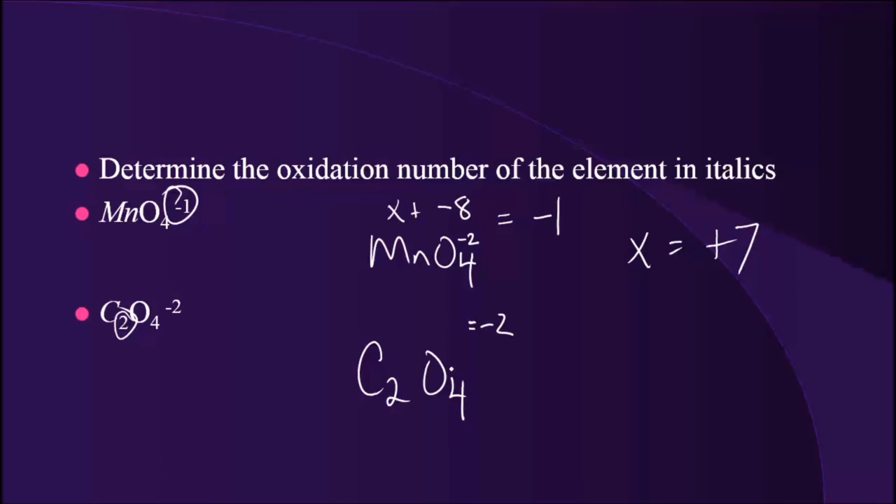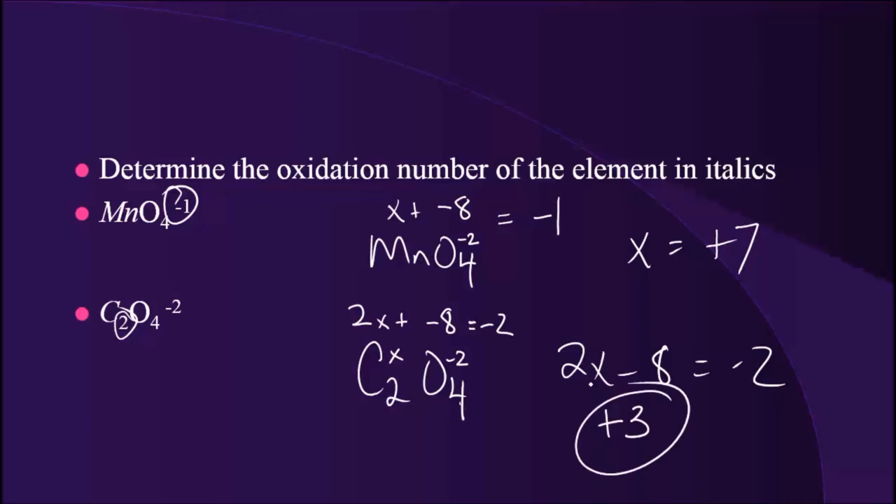Oxygen, what is its charge? 4 times -2 is -8. 2x must not completely balance out the 8. It needs to come up short from completely balancing out the 8. So, 2x minus 8 equals -2. The answer is +3.